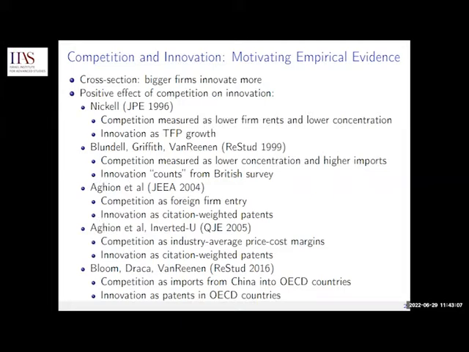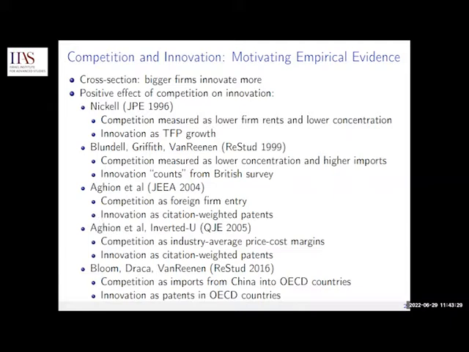You can't generate a positive effect on innovation. What you really need is something where in equilibrium, as I was saying before, the firm that innovates more is able to produce more, if we keep the type of competition stable between the firms.